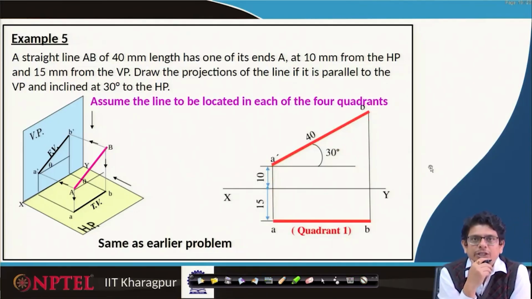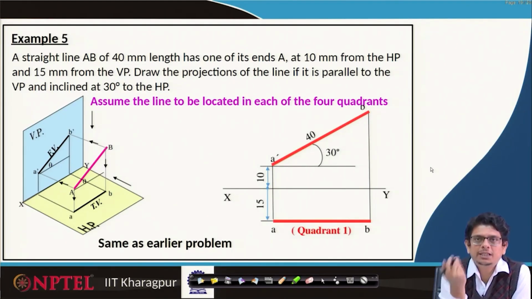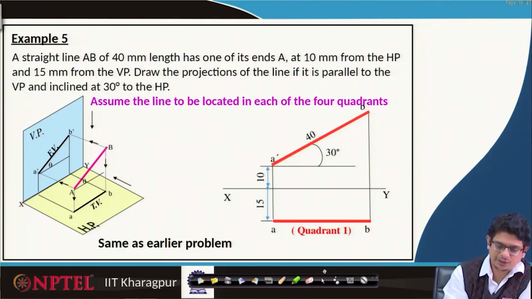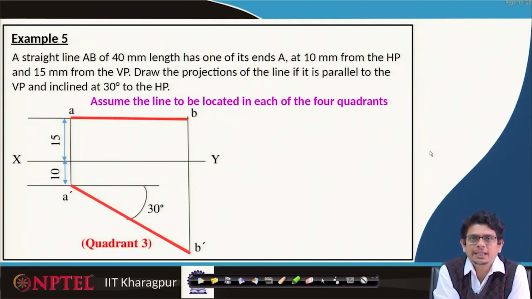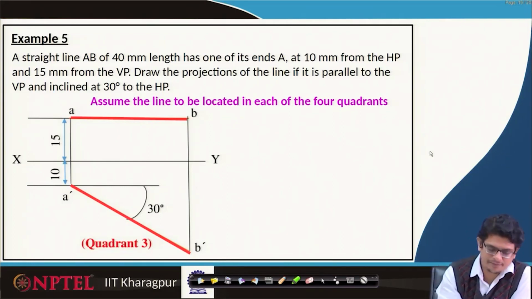Let us ask a question, if this line AB is not in the first quadrant, maybe it is in third quadrant, it may be in second quadrant, it may be in the first quadrant, how the result really changes. Let us look at that. Now, if it is in the third quadrant, what will happen?